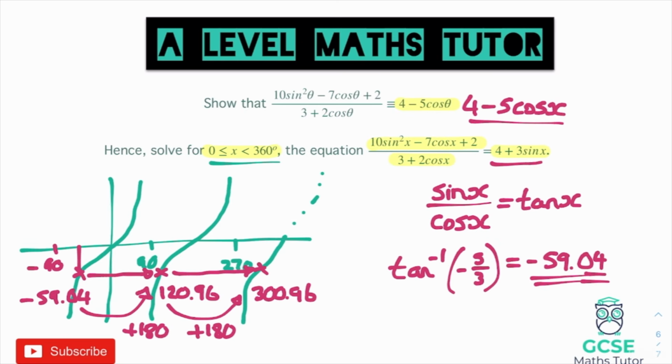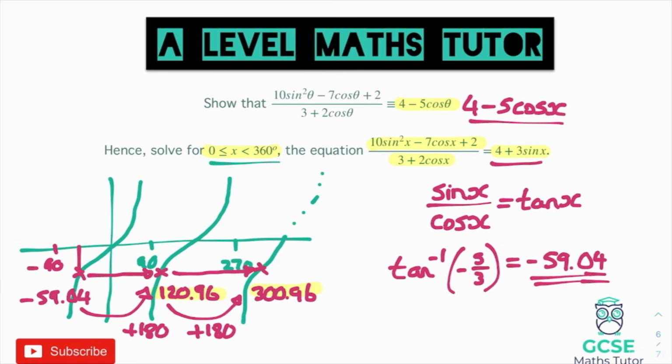And of course, if we jump 180 again, it would go over our limit, which is 360 degrees. So these solutions here, we've got three solutions: negative 59.04, which is below zero, so we can't have that one, but we do have 120.96 and also 300.96. So we do have two solutions there.